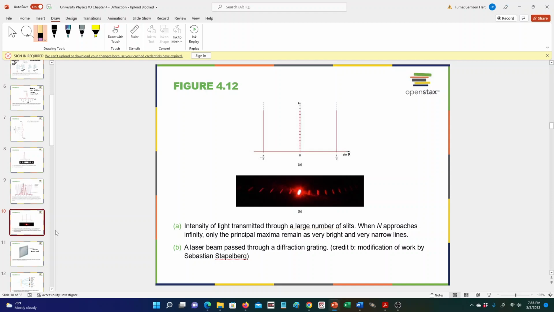And what's happening here is a complex interaction between the interference and diffraction effects that effectively cancel many of your secondary maxima out. And you only get these really prominent maxima at very specific points. So how can you calculate those?